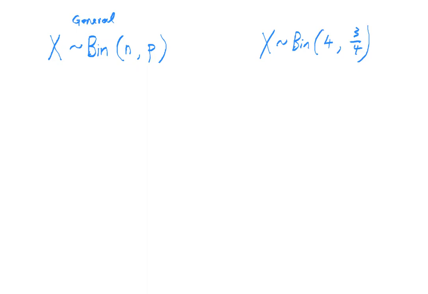So possible value for X: 0, 1, 2, 3, until the last one is N. Our possible value for X will be, this is our variable, getting no blue out of the 4, 1 blue, 2 blues out of the 4, 3 and 4.